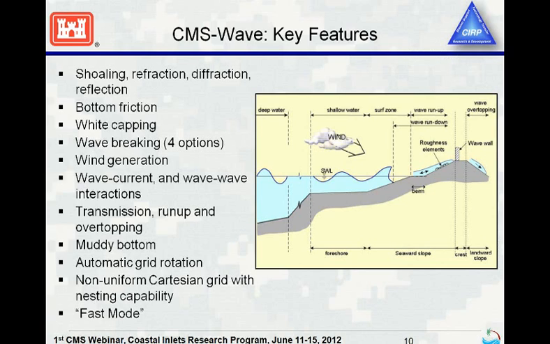I'm not sure that that will make it into the wave model in the near future, but maybe. But right now we do have the variably spaced grids. And as I mentioned earlier, there's also that fast mode or simplified formulation of CMS-Wave to run about 5 to 7 times faster than normal.